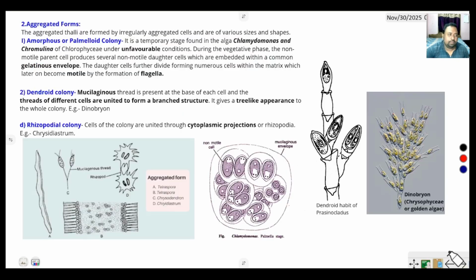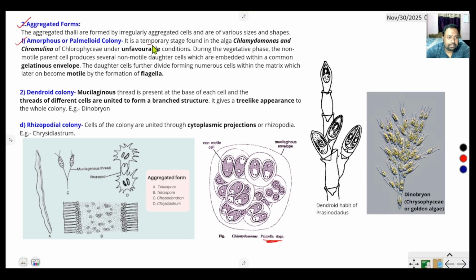Number 2, aggregate form. Aggregate means many cells remain together. They are divided into amorphous or palmelloid colonies. Chlamydomonas shows a palmelloid stage. Due to unfavorable conditions, the group of algae is covered by a gelatinous sheath. Within the sheath, the parent cell divides many times and produces many daughter cells.